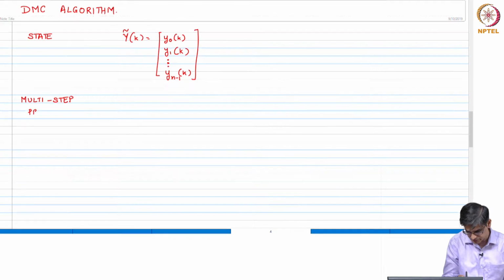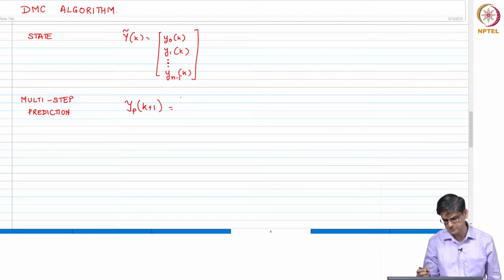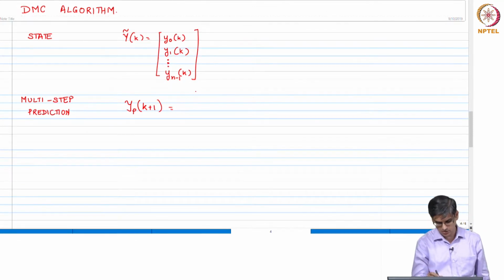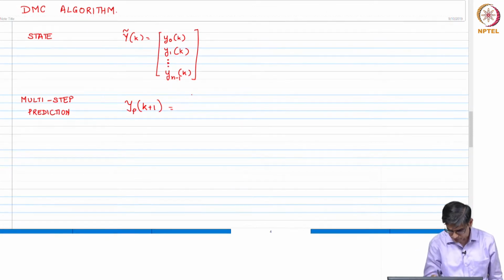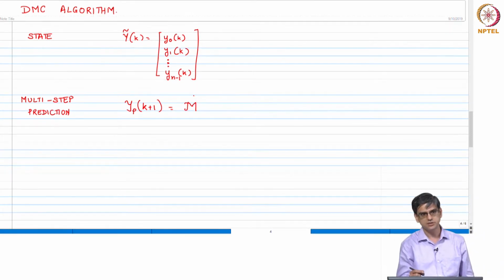Multi-step prediction. I do not remember if I used yp k plus 1 or yp k, maybe I used yp k, I do not remember, but. Can someone just look at your notes from last week?